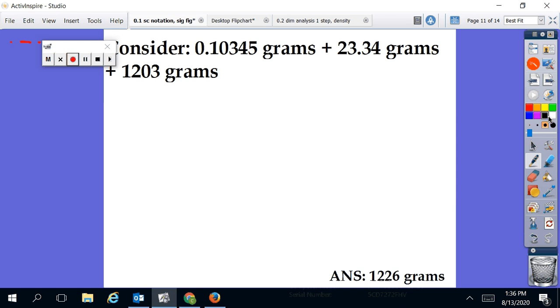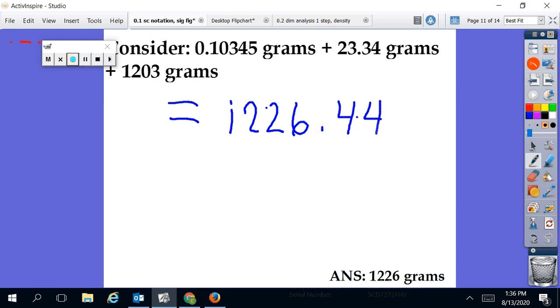When you add it up in your calculator, you're going to get the answer I write out in blue: 1226.44345. Now, since we know we're doing addition, we've got to look at addition rules. So I'm going to round to the least accurate term.